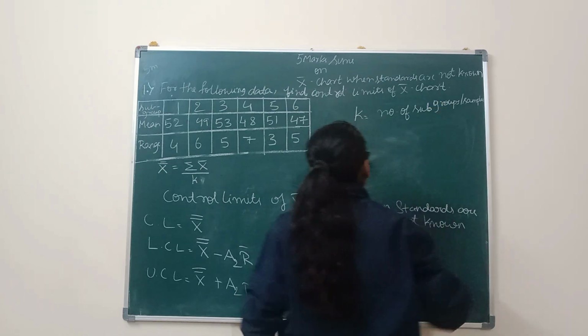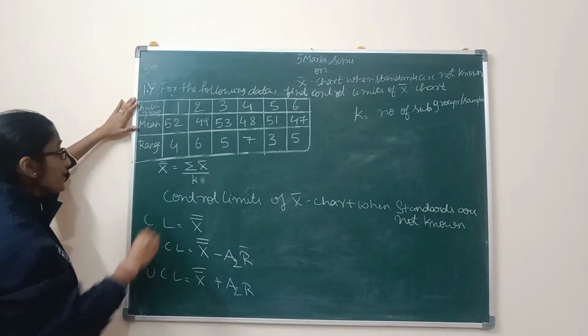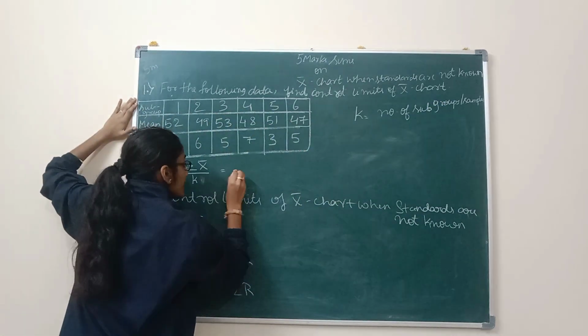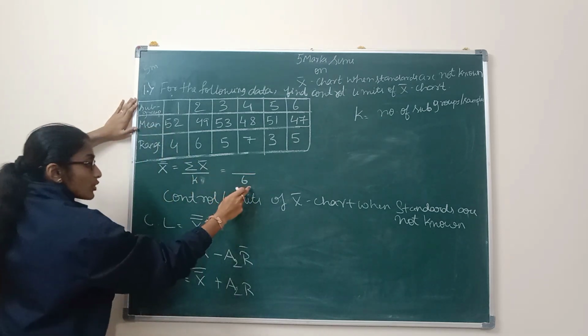So we have number of subgroups. How many subgroups do we have? So we have here 6 subgroups. So K is equal to 6.